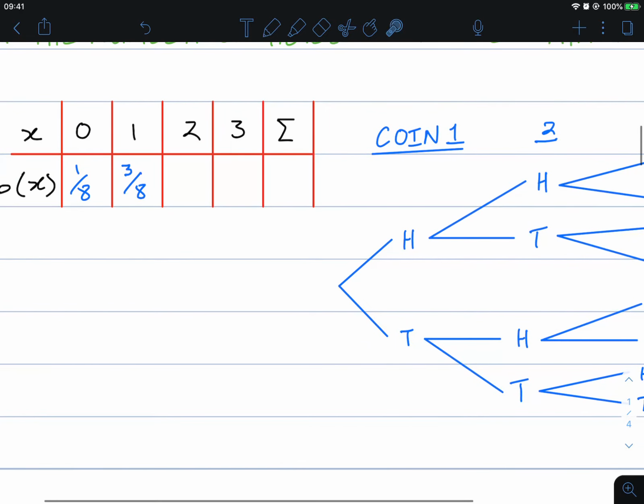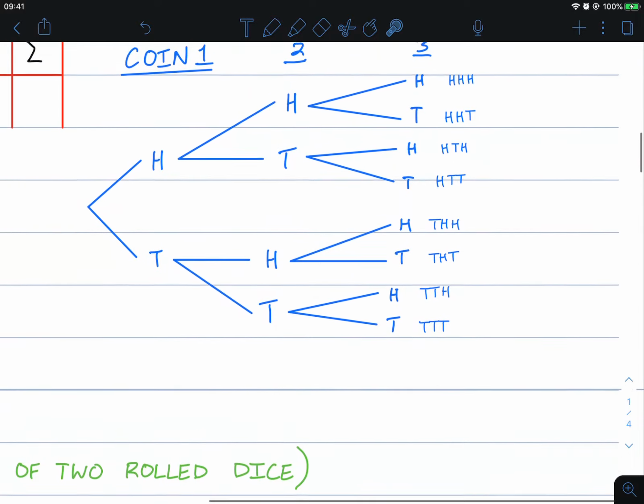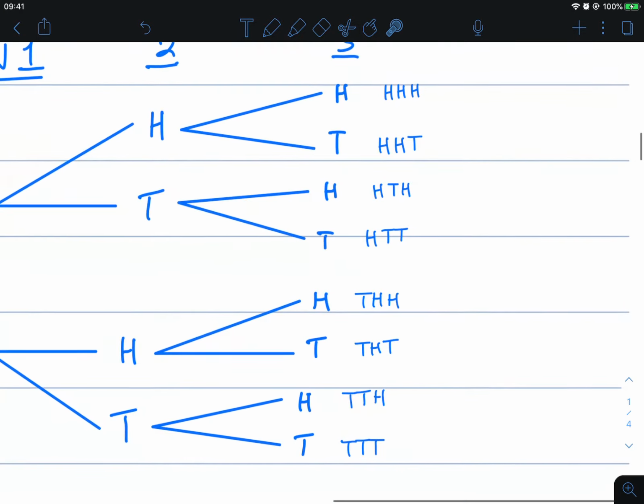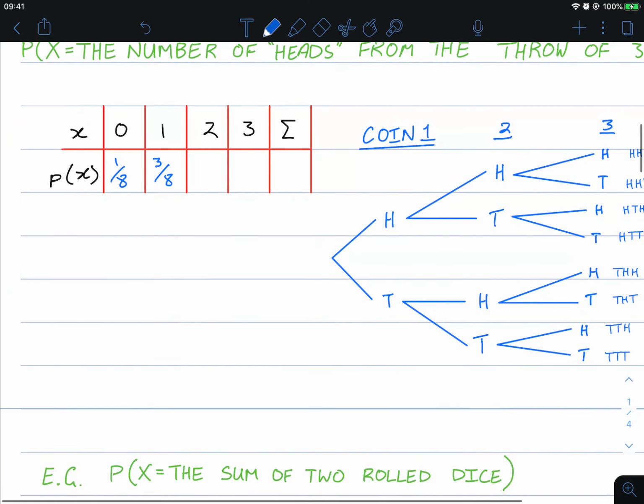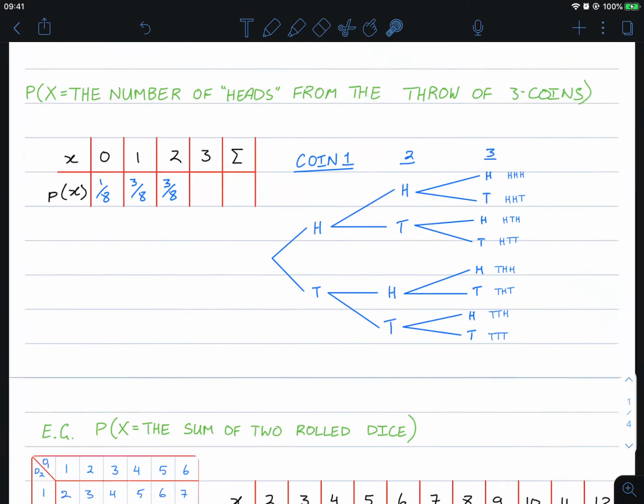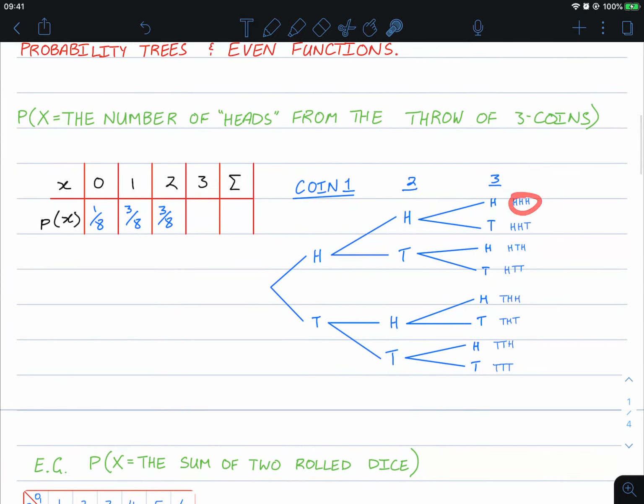The probability of getting 2 heads. Once again, let's count the results that have 2 H's in them. It's 1, 2, 3. Once again, that's 3 out of 8. And for this one, 3 heads, there's only one result there. That's 1 out of 8.